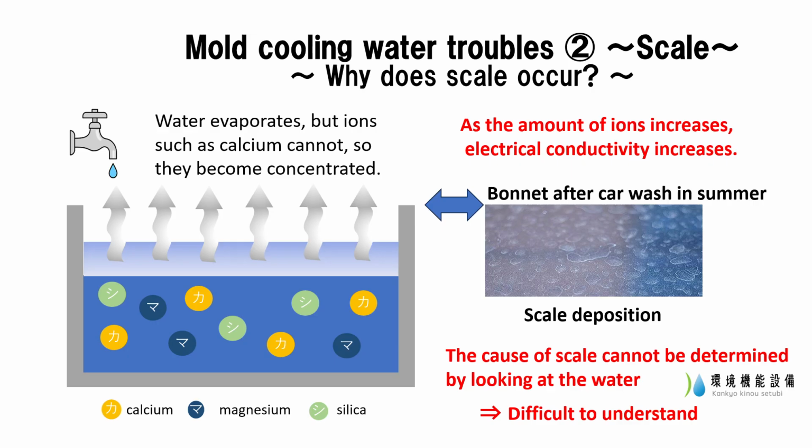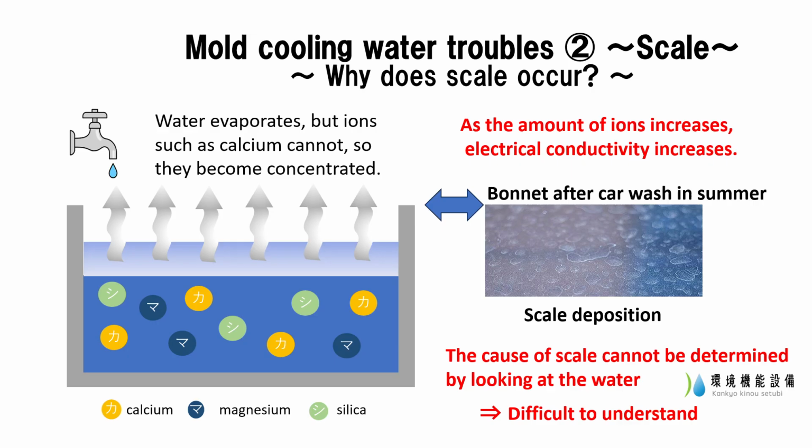Therefore, ions such as calcium, magnesium, and silica accumulate in the water. Water containing many minerals such as calcium and magnesium is called hard water. On this page, please remember that hard water is prone to problems such as calcium scale formation. When these ions reach a saturation point, the ions that were previously dissolved and invisible crystallize and precipitate, becoming visible.